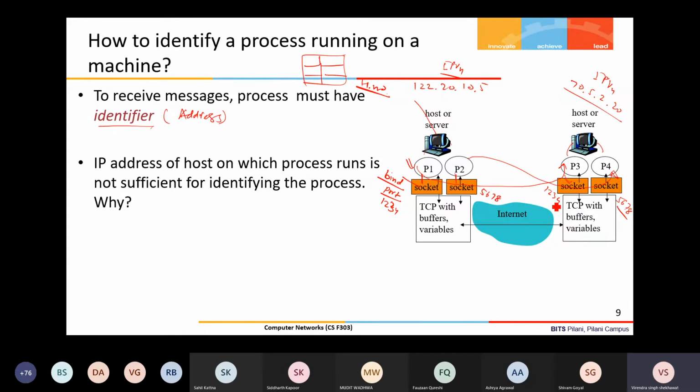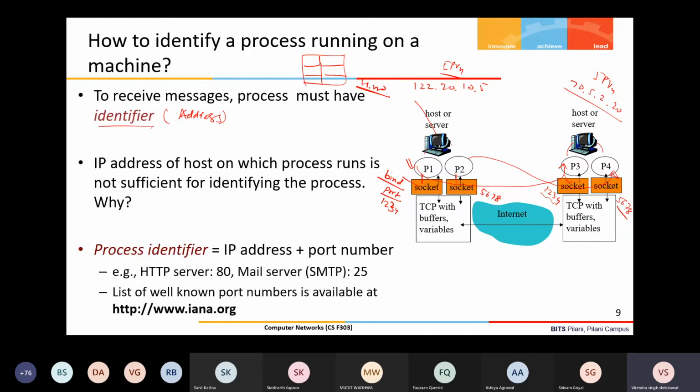The port number should be unique within the same machine only. So IP address plus port number together uniquely identify a process running on a certain machine. Both are required, so the process identifier is IP address plus port number.